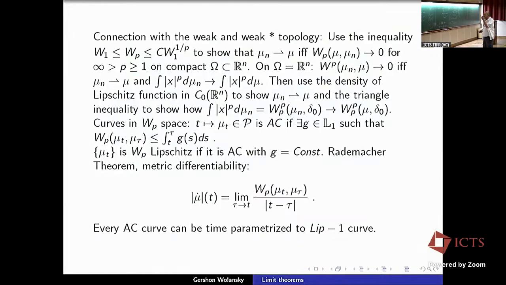Okay, so let me give you some intuition a little bit. What does it mean that we have such a family of probability measures changing in time? If we follow this family of measures evolving in time, let's say the density, at one time it looks like this, other time it looks like this.